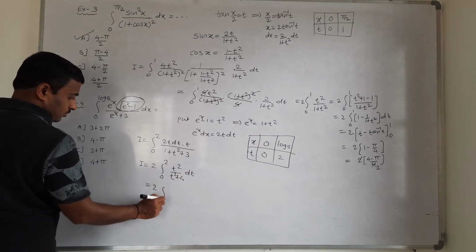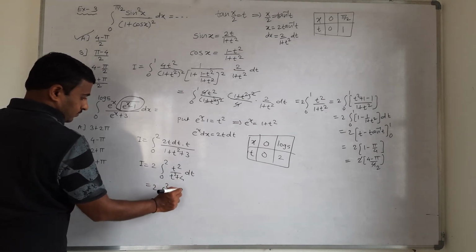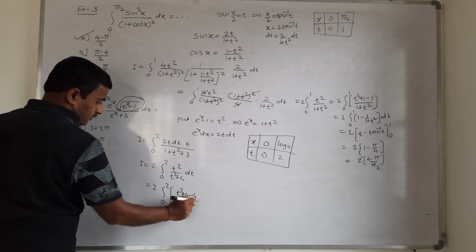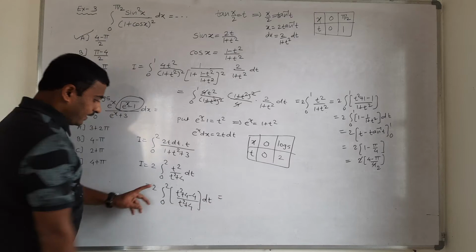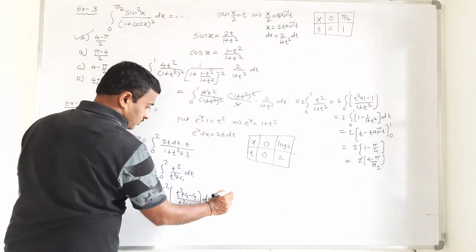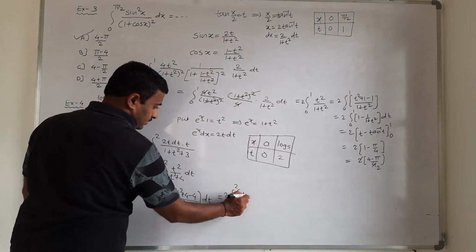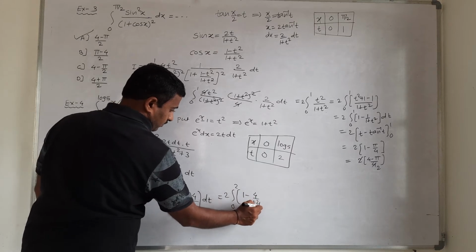2 as it is, integral 0 to 2, adjusting: t square plus 4 minus 4 upon t square plus 4. Separating the denominator, 2 times integral 0 to 2 of 1 minus 4 upon t square plus 4.